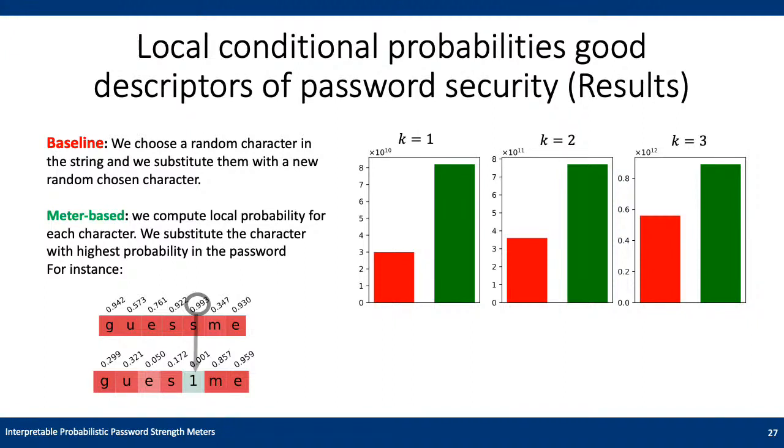The average guess number increment for the two approaches is reported on the right, where k is the number of perturbed characters. The meter-based approach is capable of inducing a guess number increment that is on average twice the one induced by the baseline. The result verifies that the estimated local conditional probabilities are indeed good descriptors of password security at structural level.